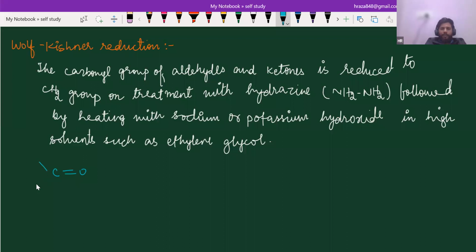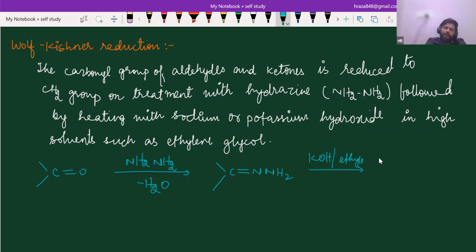In this, the reagent will be hydrazine, that is NH2, NH2. Then removal of water will take place. Then it will form imine like this, and then followed by potassium hydroxide in the presence of ethylene glycol, and when we heat it, we will get this CH2 with evolution of N2.